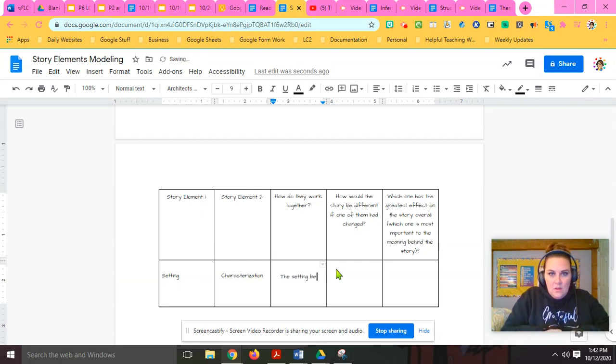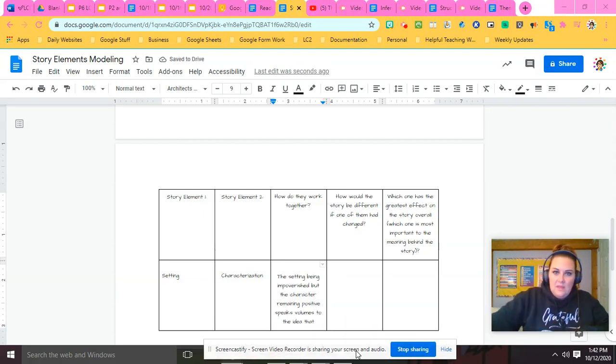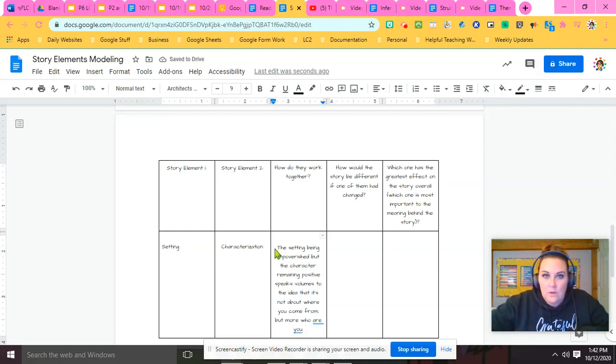The setting being impoverished, but the character remaining positive speaks volumes to the idea that it's not about where you come from, but more who you are, right?